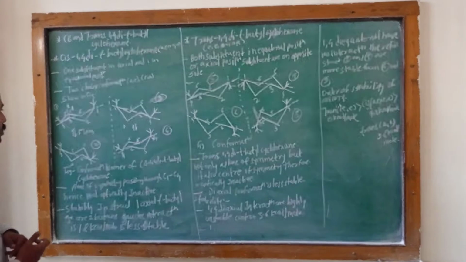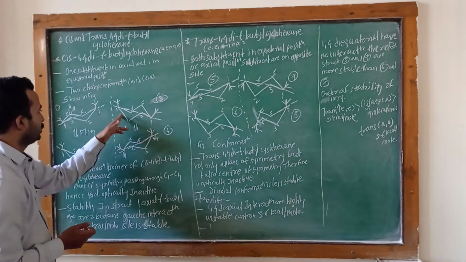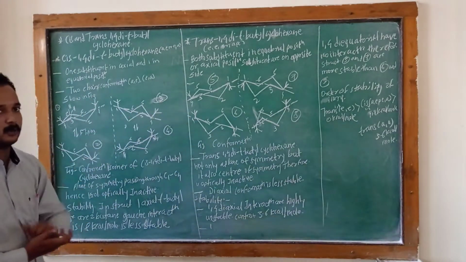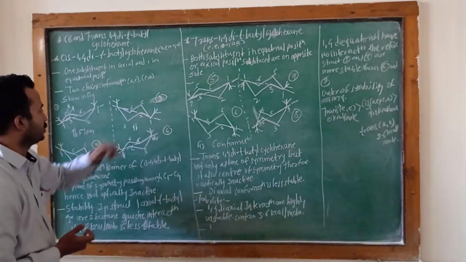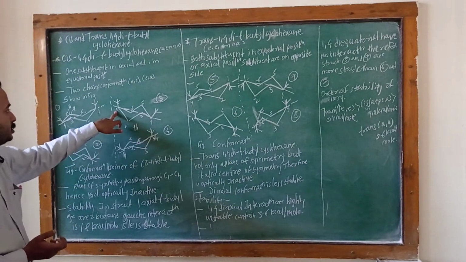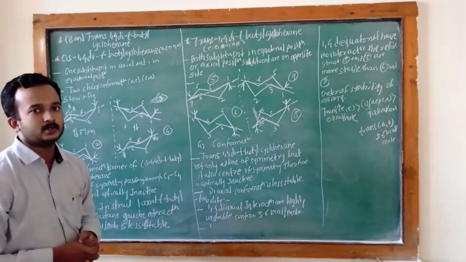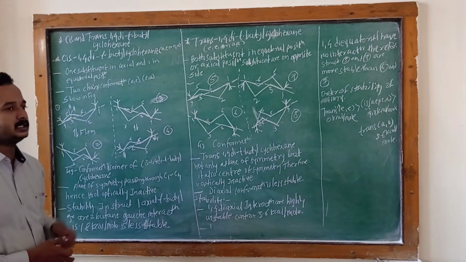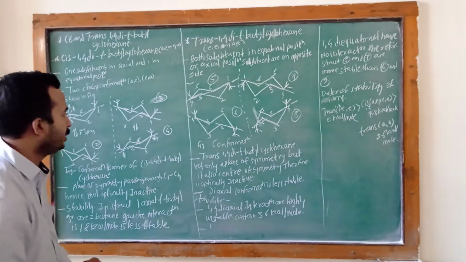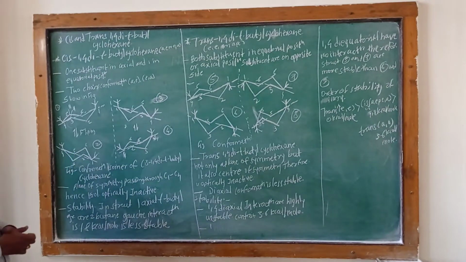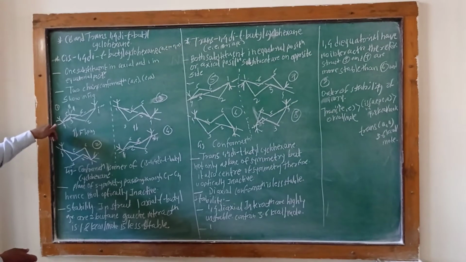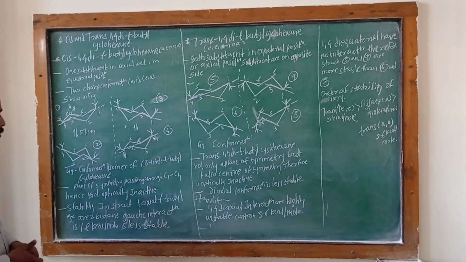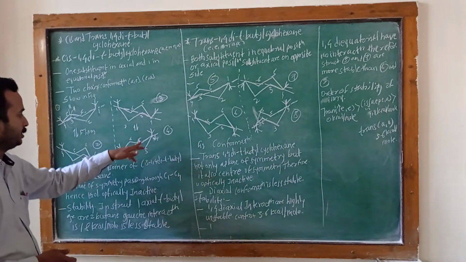Look at this conformation of this compound. In the first structure, the first position shows the axial tertiary butyl group and the fourth position shows the equatorial tertiary butyl group. These are mirror images of each other, and this leads to the formation of the third structure. The third structure shows axial at the first position and equatorial at the fourth position.